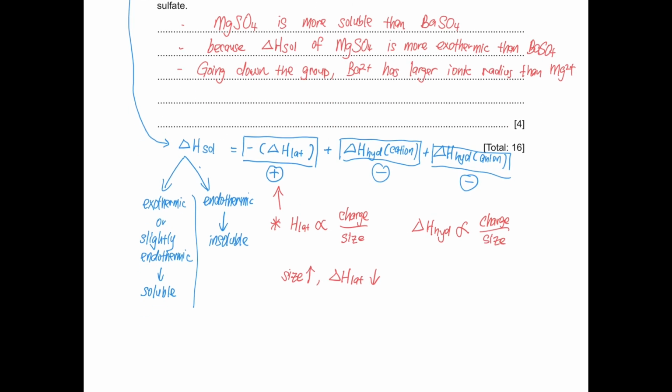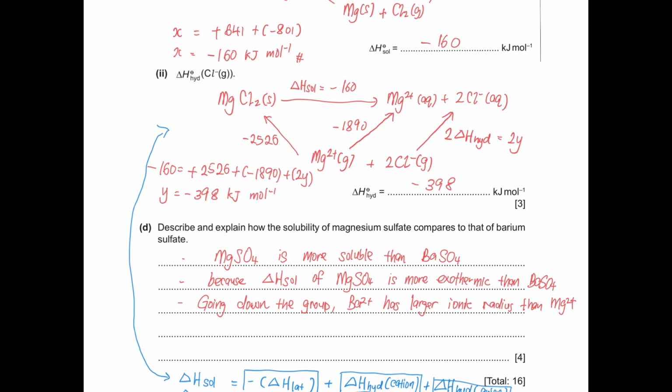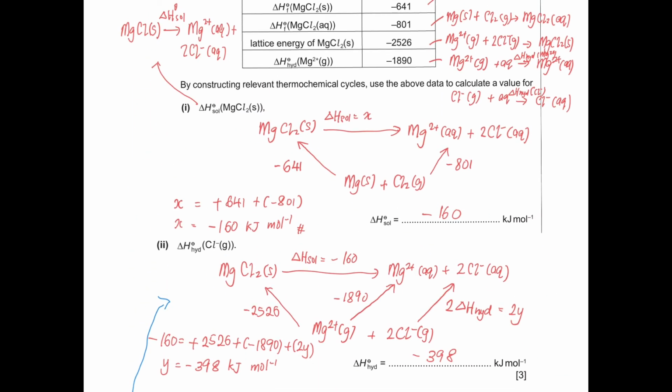So for example, let's say you see magnesium 2 plus. Magnesium chloride's lattice energy is minus 2526. When it comes to barium chloride, maybe minus a few hundred. They are getting smaller in terms of magnitude. Don't care about the negative.